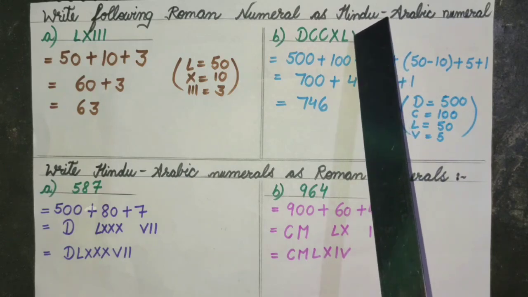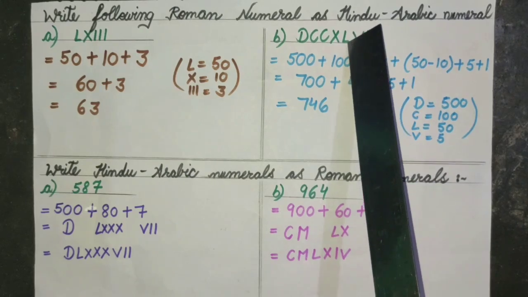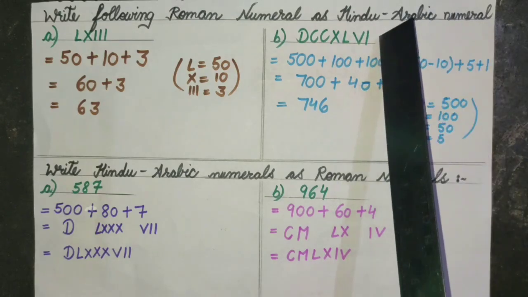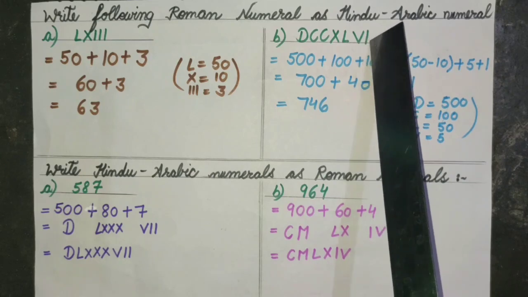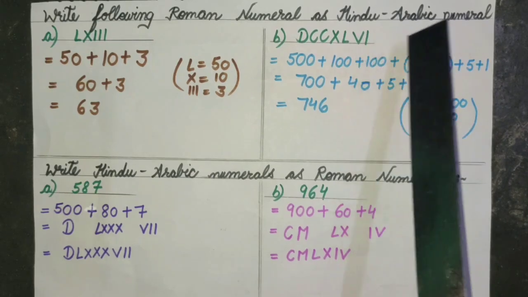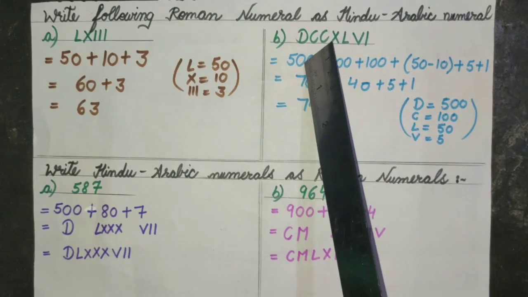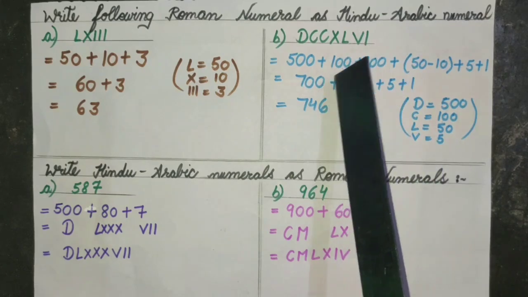V is used after L, means 5 is used after 50. So when a symbol is used after a bigger symbol, it will be added. Same as I means 1 and V means 5. The symbol is used after V, after a bigger symbol, so it will also be added according to rule 2. So 500 plus 100 plus 100 is equal to 700.